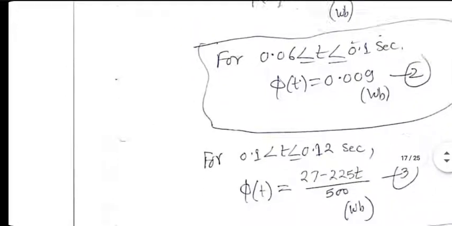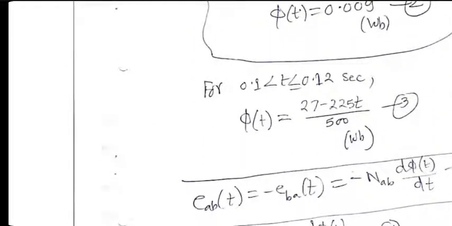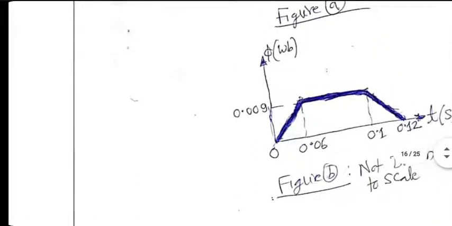For the third part, again, you have to work out the equation carefully. Basically, y equal to mx plus c, that type of description must be written, and then you have to calculate the unknowns. Try doing it, because in the third portion, at t equal to 0.1, phi is 0.009, and at t equal to 0.12 second, phi is 0.